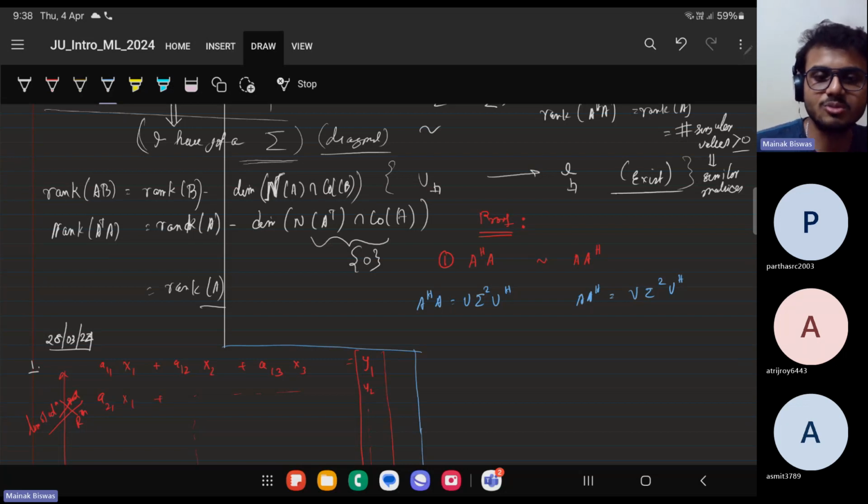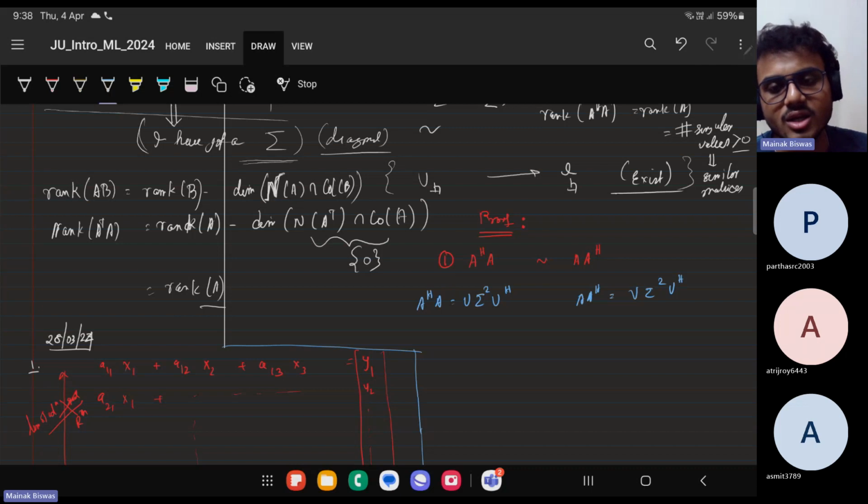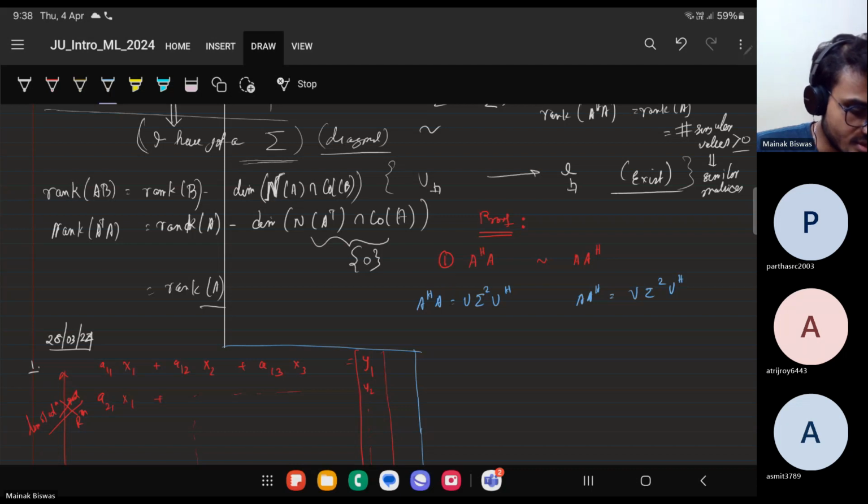Roughly speaking, we can do one trick over here. For the non-zero elements, I can do something like this. Be careful when I'm writing this, these may not hold. So do you agree?